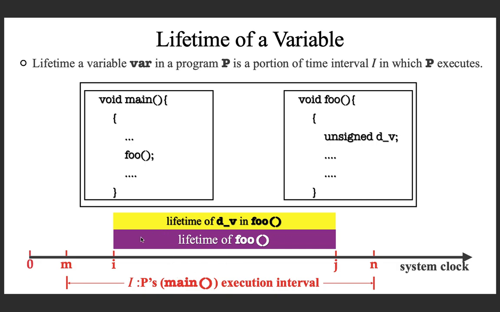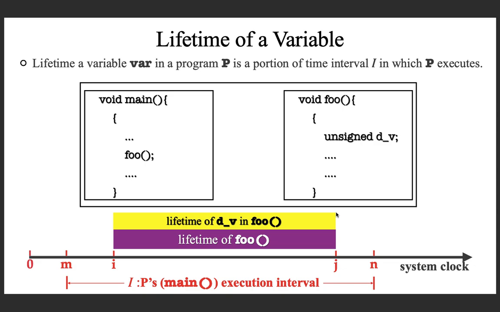So the variable also gets created at the time of calling that function or at the time of creating the function instance, and it is valid till that function instance exists. This is what we already discussed.